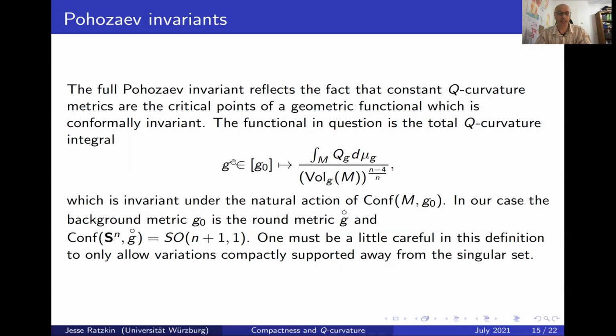If I choose a metric G in a conformal class G naught, I can write down this functional, which is: I take the integral of the Q curvature of G and I divide it by the volume of M with respect to G to this certain power. And the reason I have to look at this ratio, with this particular power of the volume down here, is I want to have a ratio which is scale invariant.